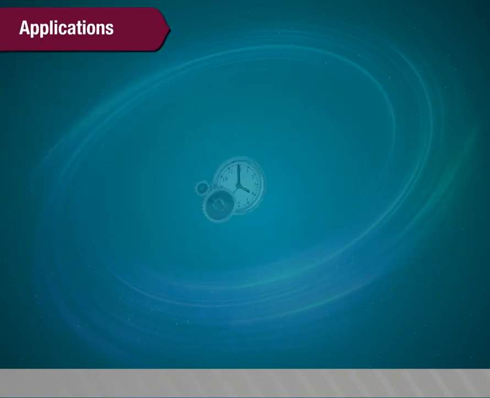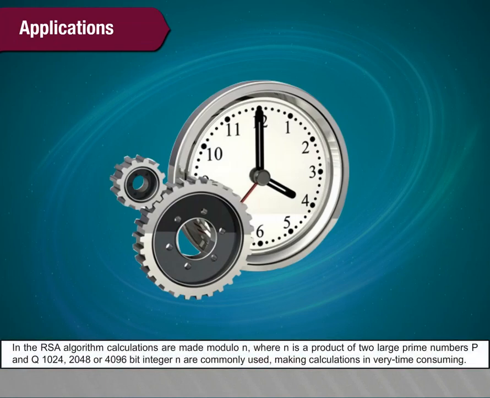Applications. In the RSA algorithm, calculations are made modulo n, where n is a product of two large prime numbers p and q. 1024, 2048 or 4096-bit integers for n are commonly used, making calculations very time-consuming.